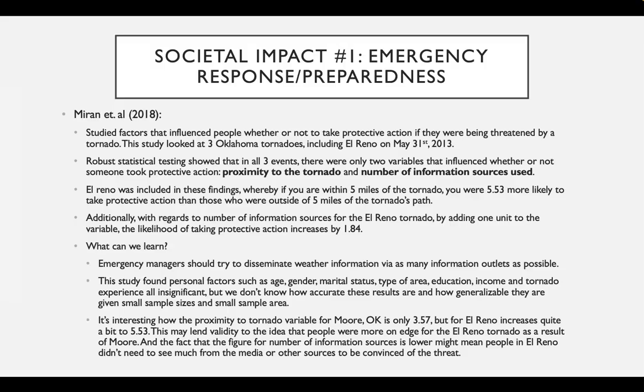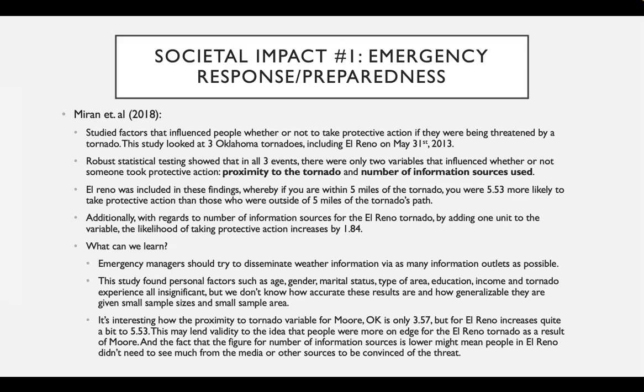Now, I want to compare this to Moore. If you look at Moore, the proximity to the tornado factor was only 3.57. Well, that's very interesting. Why would it only be 3.57? Why is El Reno's almost twice that?